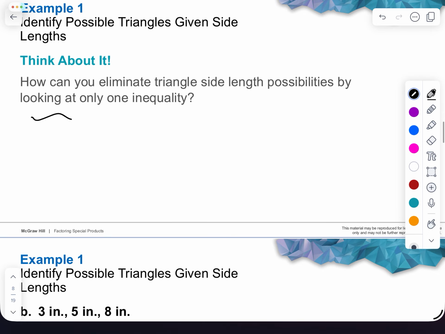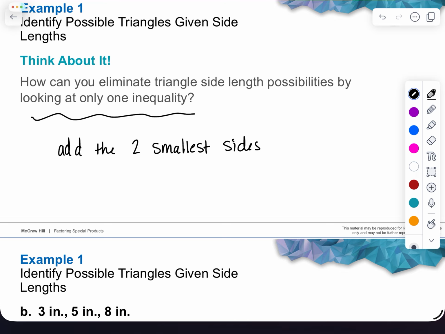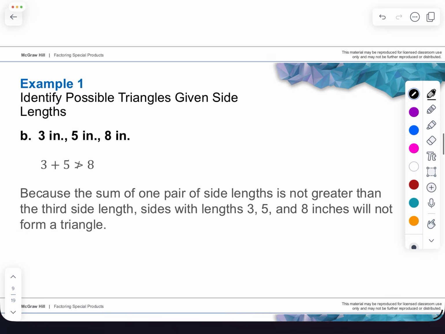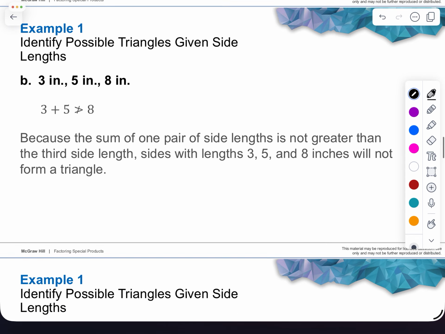How can you eliminate it by looking at only one inequality? Add the two smallest sides. Is it greater than the largest? And that's what they're doing here. 3 plus 5 is not greater than 8.